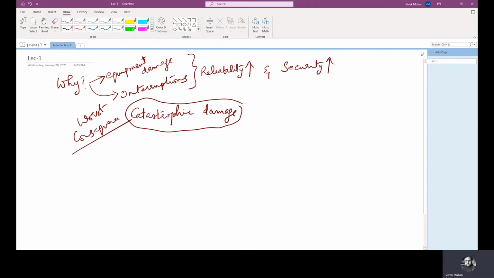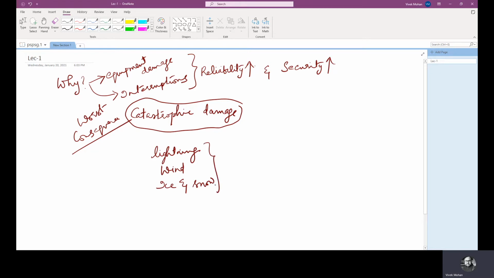Natural causes of faults could be lightning, then wind, then ice and snow.